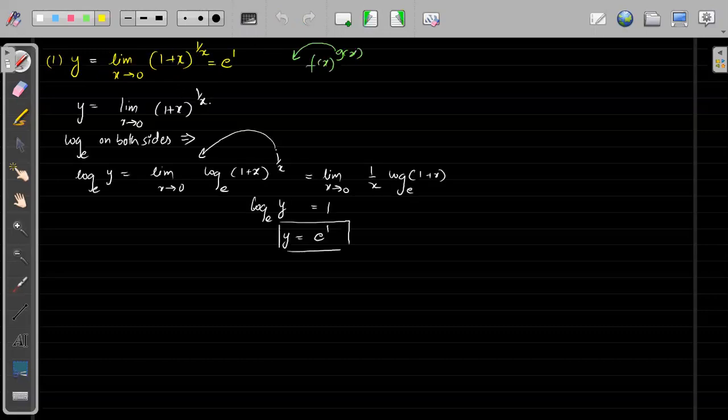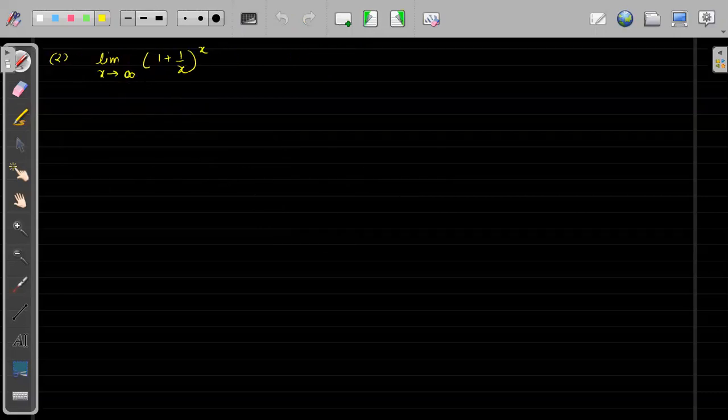Same form, same thing, because there x tends to 0. Now here it is tending to infinity. So you will get exactly the same value, e to the power 1, because now you can take x as 1 by h, where h tends to 0, right? So exactly the same concept. Just take log, and you will get exactly the same answer. So this will also be equal to 1.